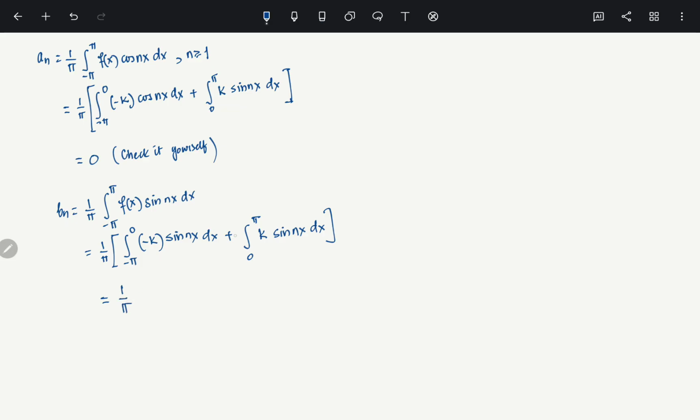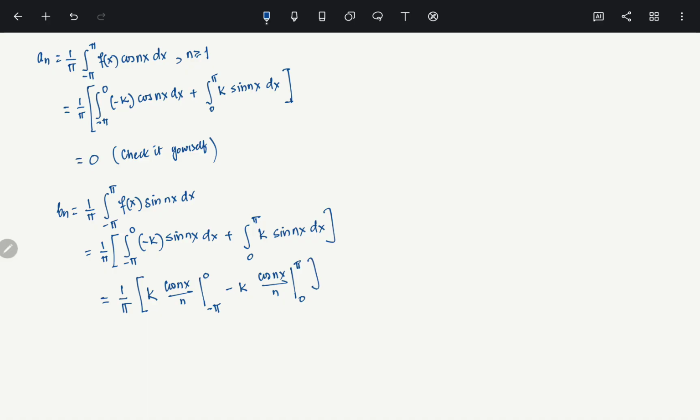So this one minus this one becomes 1 by pi, and then k times sine nx, so that will be cosine nx by n, and then I have to evaluate it between minus pi to 0, and then minus k, and then I have cosine nx by n again, and then I have to evaluate it between 0 and pi.